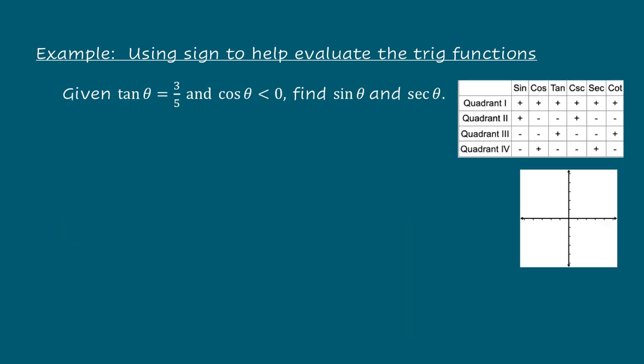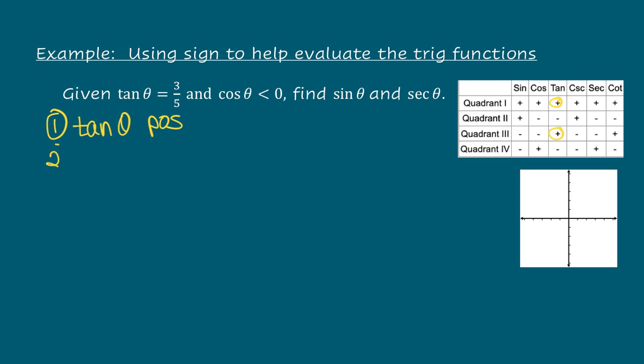Given tan theta is equal to 3 over 5 and cosine theta that is less than 0, find sine theta and secant theta. All right, so what do I know and what do I need to know? So I know, first of all, that my tan theta is positive, okay? So I'm either going to be in quadrant 1 or I'm going to be in quadrant 3.